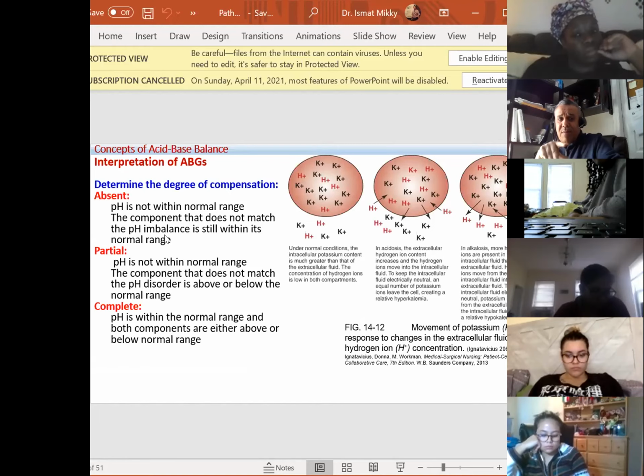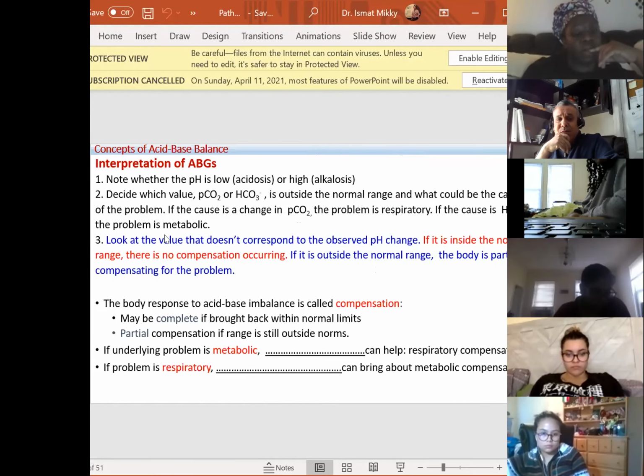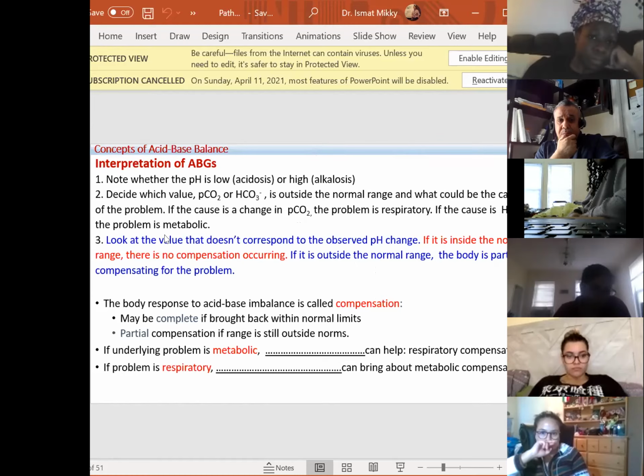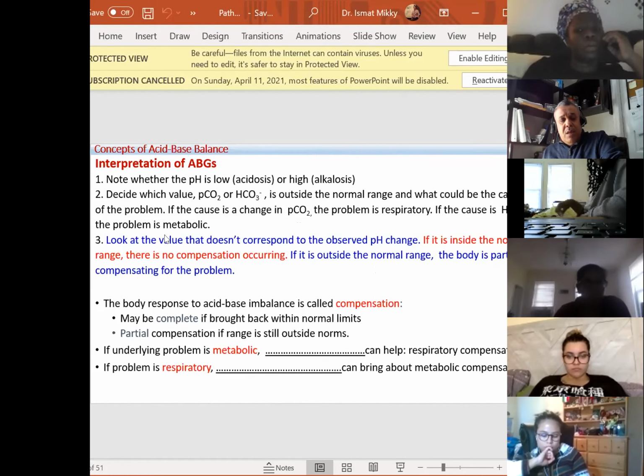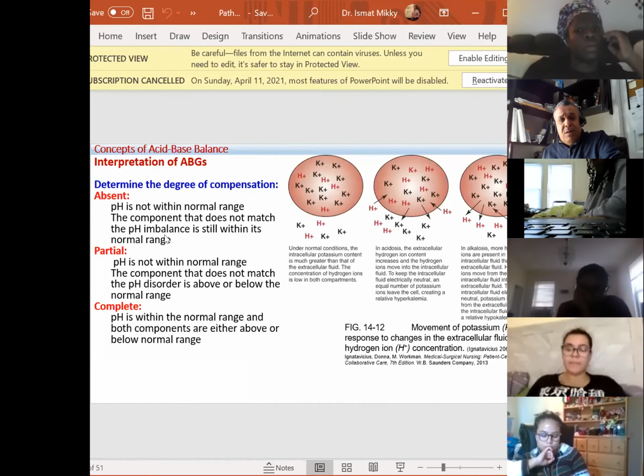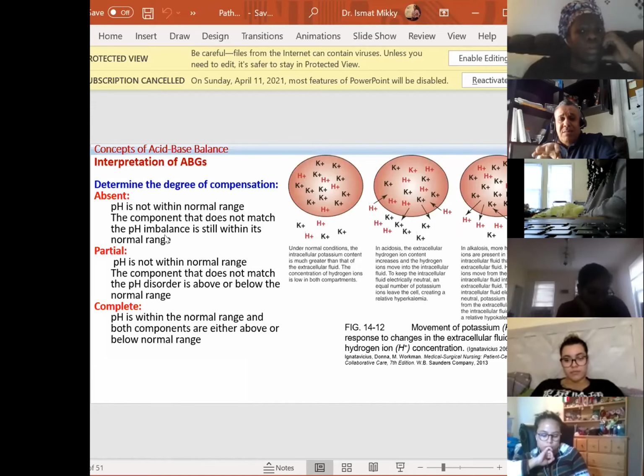I will explain later about the compensation when we analyze and practice the questions. Just make sure that we understand the mechanism of that.